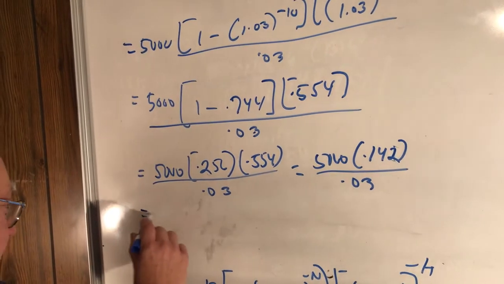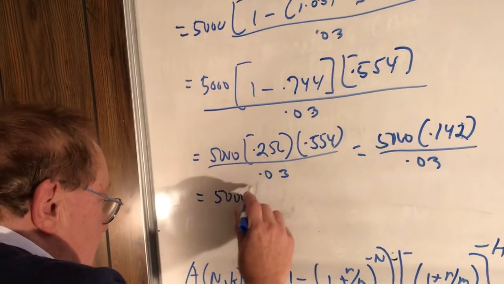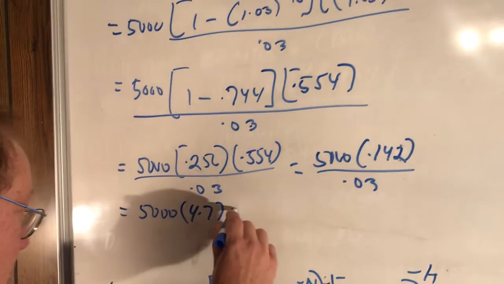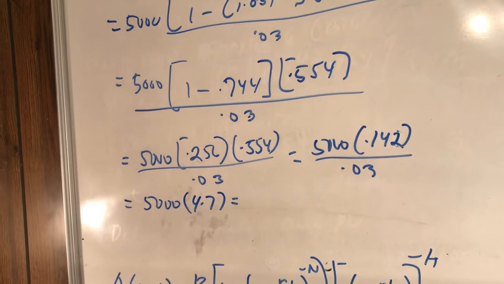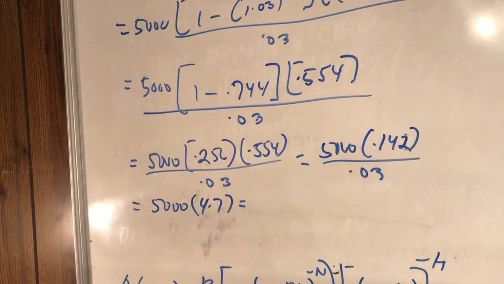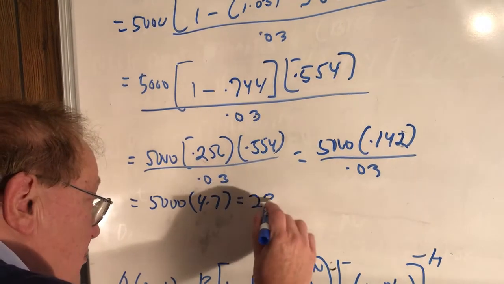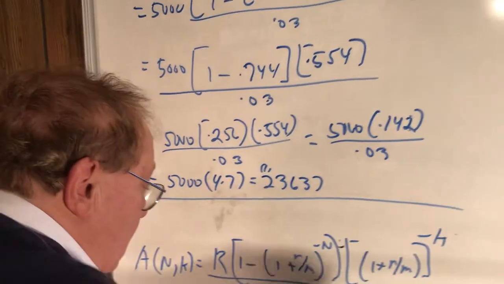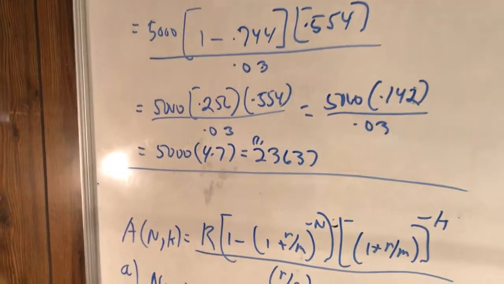So that equals 5,000 times 4.7, $23,637. That's your put down, $23,637.